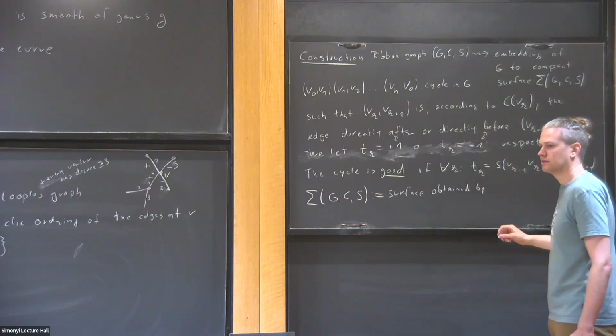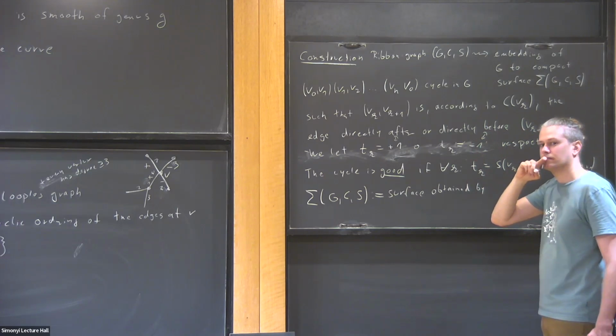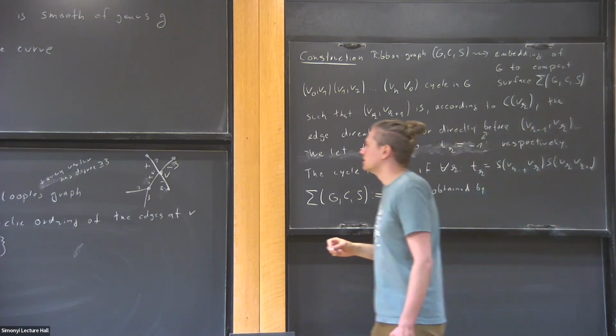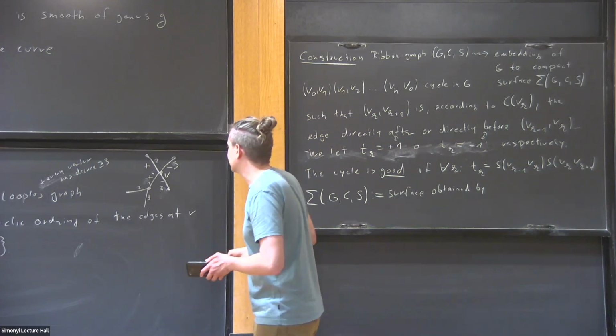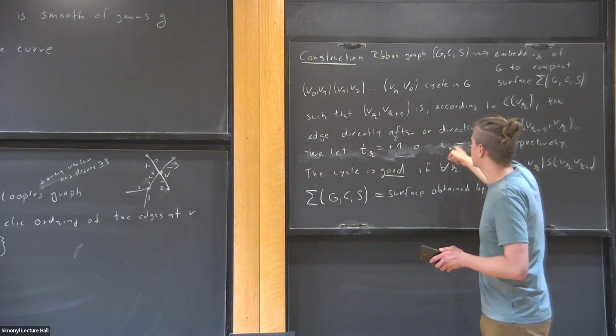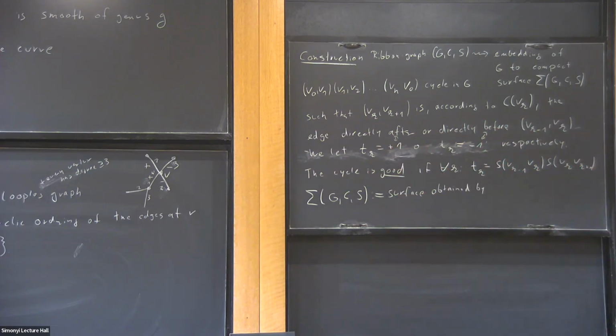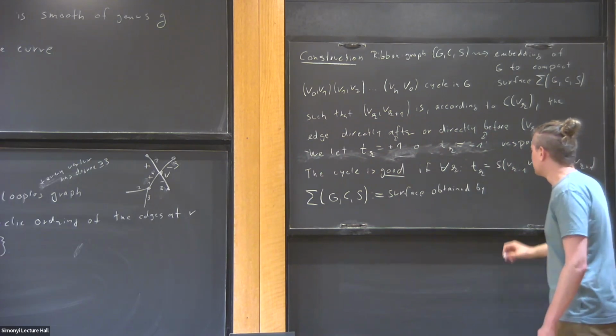Why would degree 2 be left out? Why would degree 2 not work? Yeah, I mean, then it doesn't really give you information, because the directly before and directly after would be the same, so it would not be well defined.